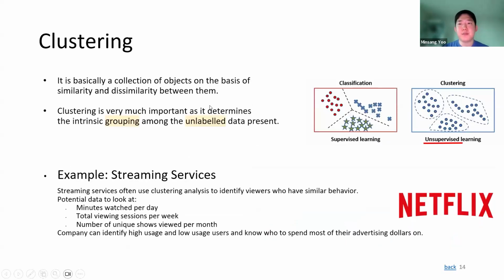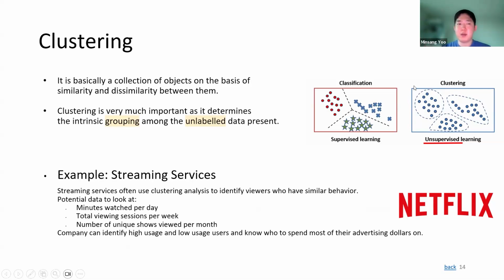Clustering is an unsupervised learning. It is basically a collection of objects on the basis of similarity between them. If you look at this, it doesn't have a color right now because, as we said, unsupervised learning uses data which is unlabeled, but it's going to group them by similarities.